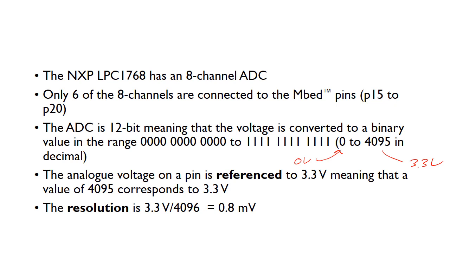Obviously if you wanted the value directly in the middle, that would be 2047 or something like that, which would correspond to 3.3 over 2. It's just a linear scale between 0 and 3.3 volts, mapped to 0 to 4095. That means the resolution of the voltage we can read in is 0.8 millivolts: our maximum range of 3.3 volts divided by these 4096 steps.